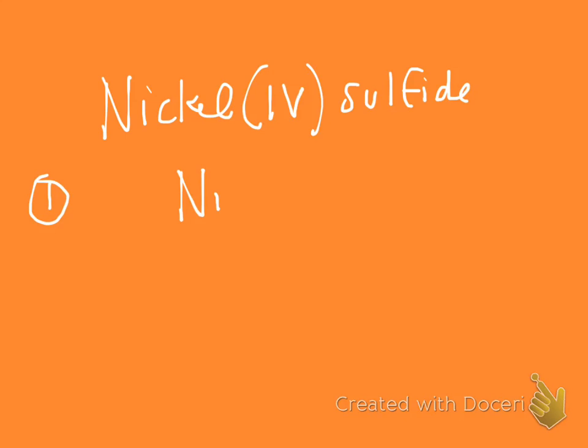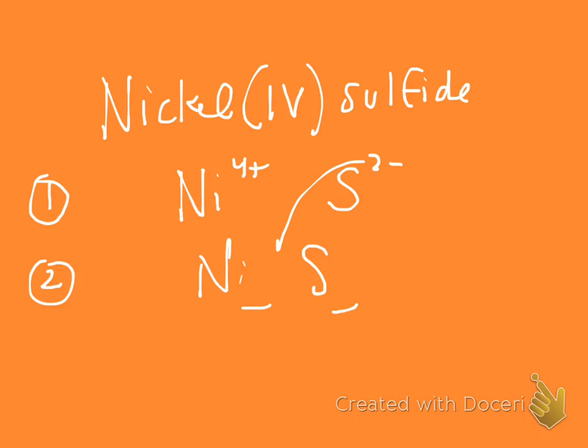Nickel 4 is Ni 4+. Sulfide is S 2-. So when we do our crisscross, can we simplify this? NiS2. Okay.